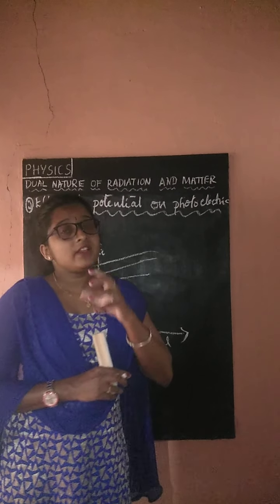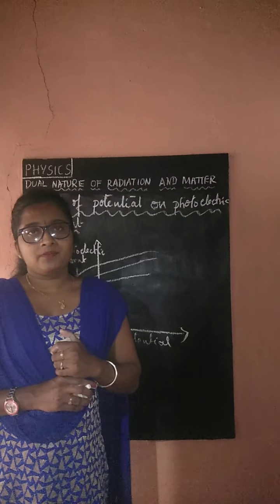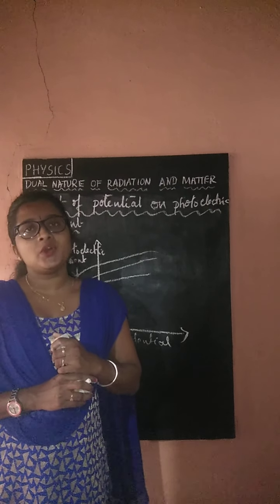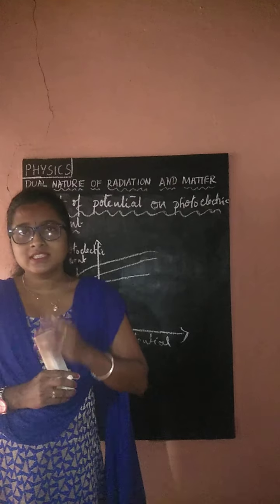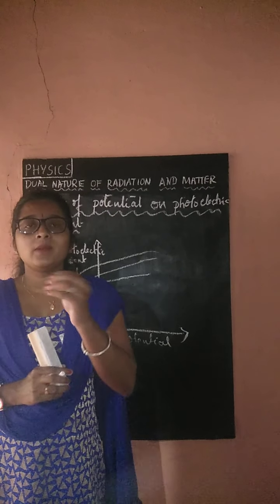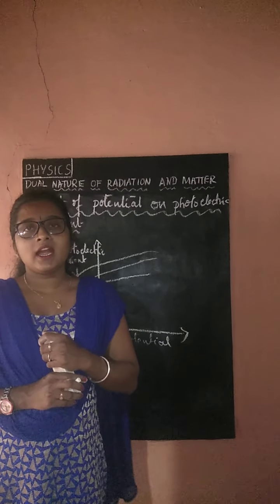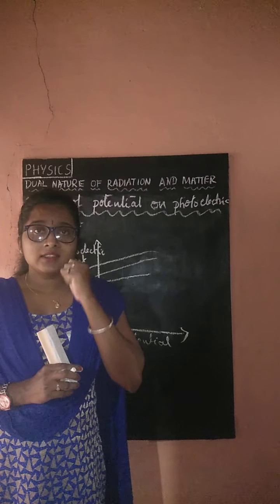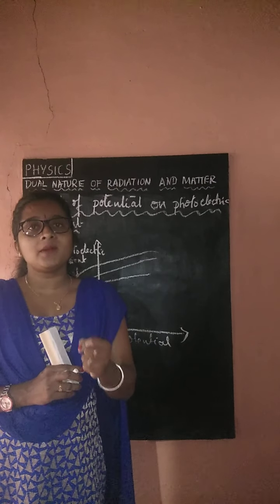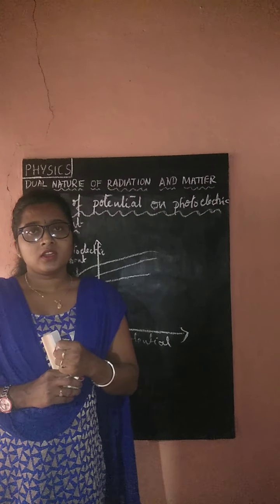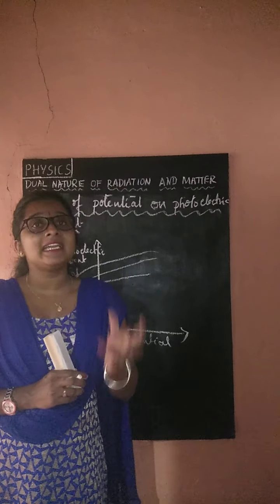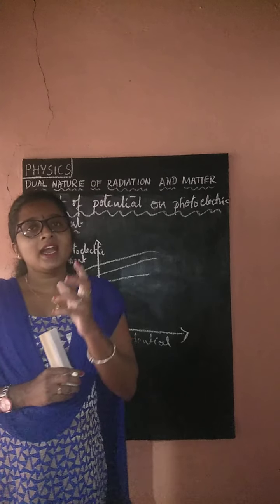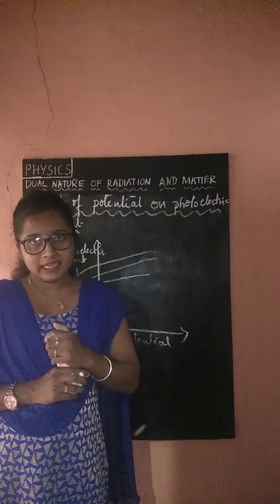When the collector is made negative with respect to the photosensitive plate, the electrons will be repelled by it, and the electrons which have sufficient kinetic energy to overcome that opposition will reach the collector, so there will be some decrease in the current.